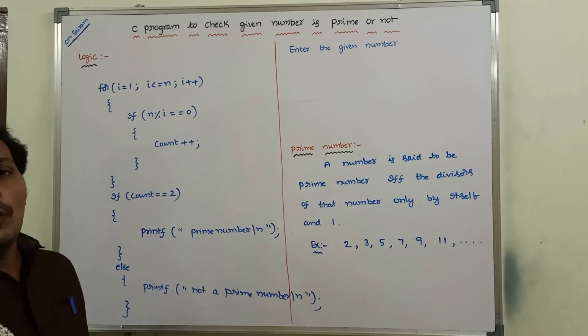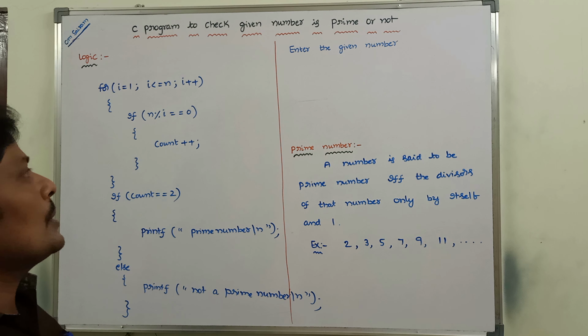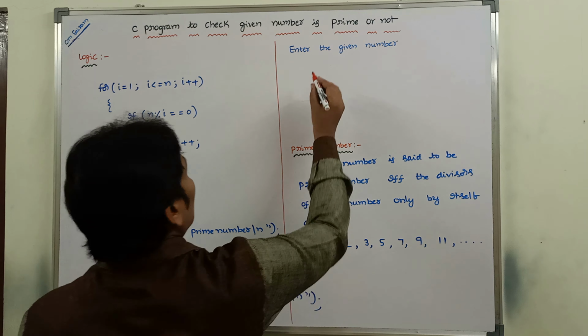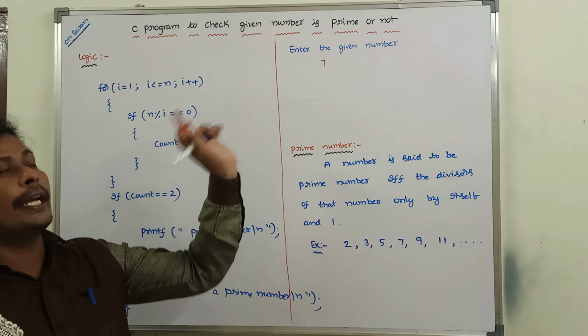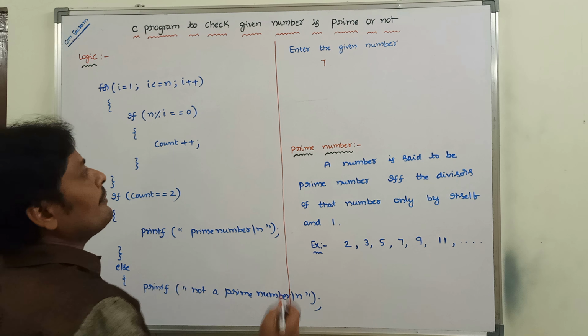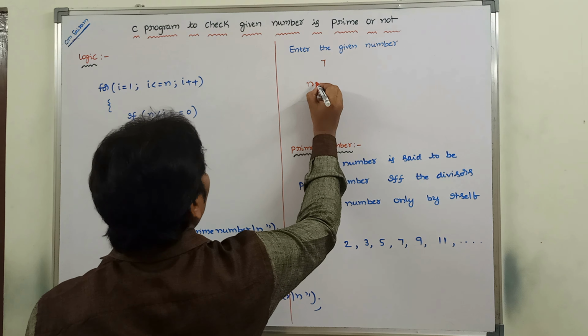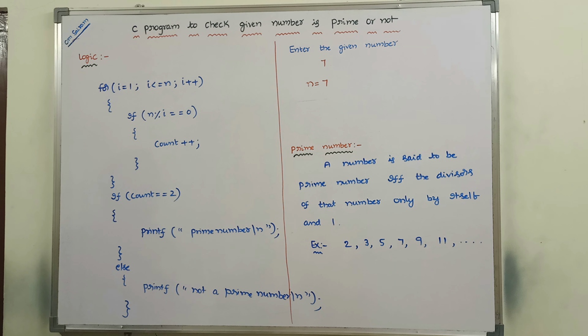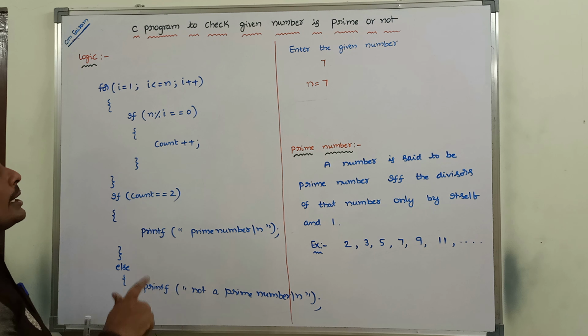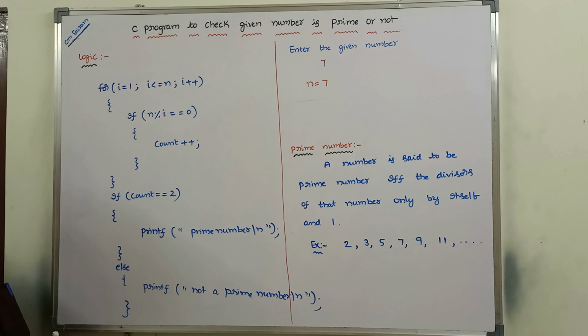Okay, now we have to check. Suppose we enter the given number n; the given number is 7, read from the keyboard. So that value is stored in variable n equal to 7. Now we have to check the logic once again. What are the variables that we declared?